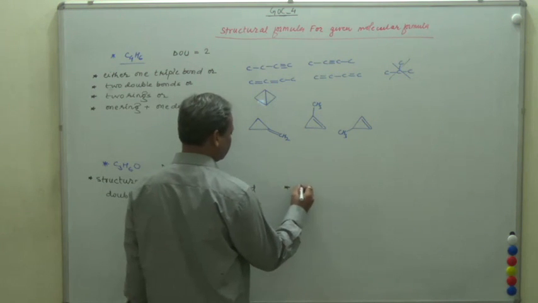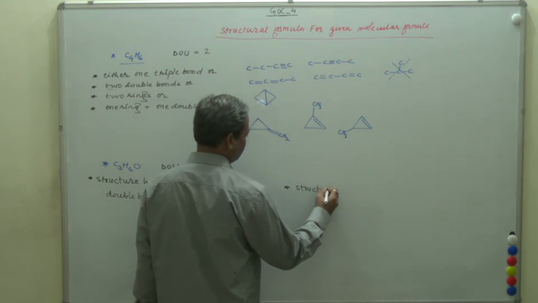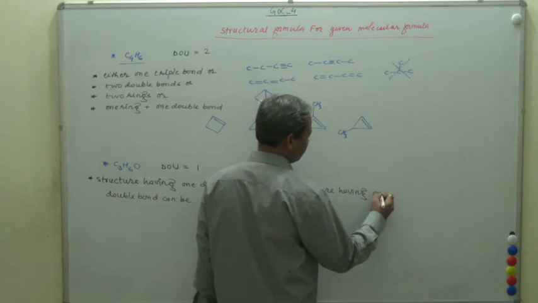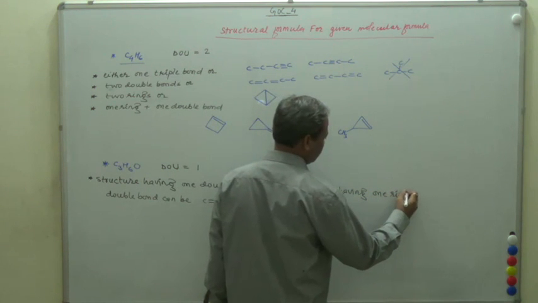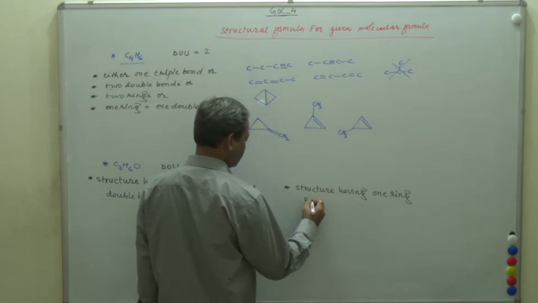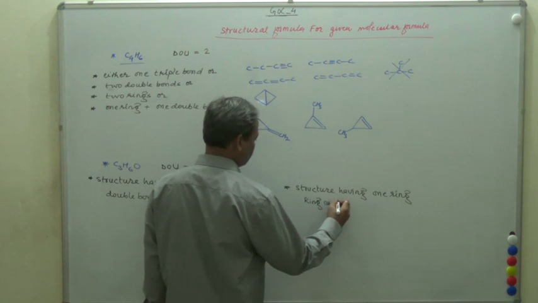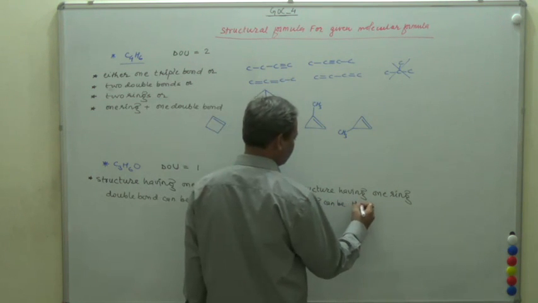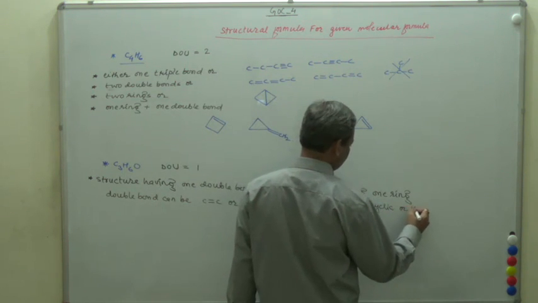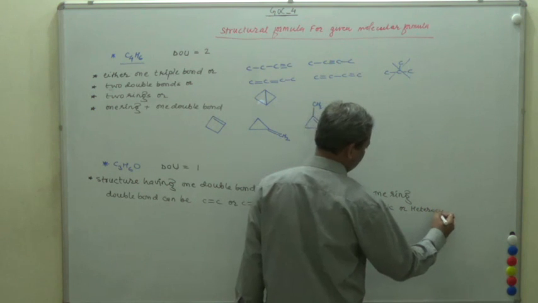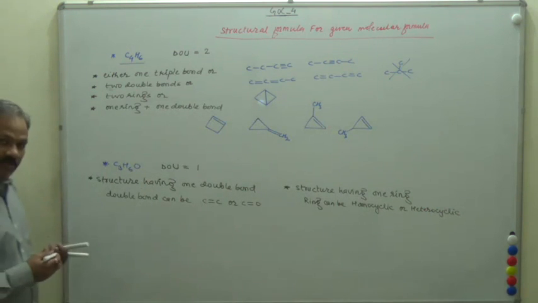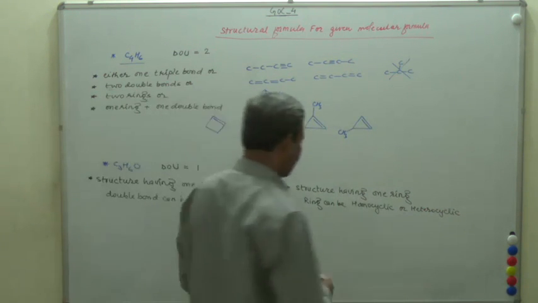Second type of structure, having 1 ring, and the ring can be homocyclic or heterocyclic. Heterocyclic means one of the atoms of the ring is other than a carbon atom.